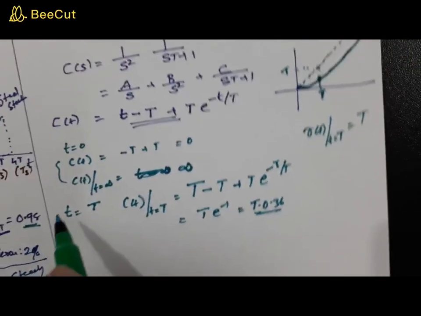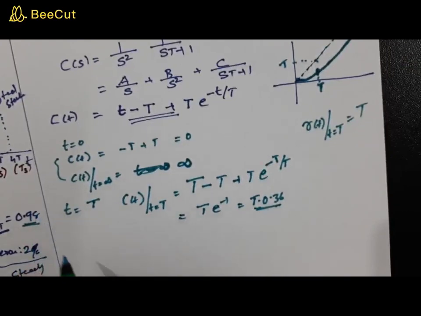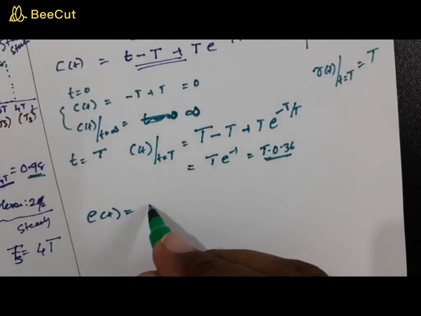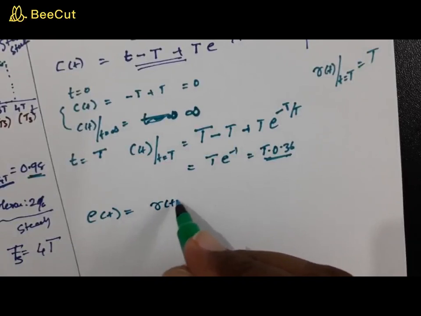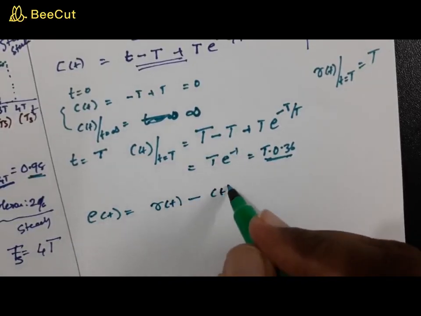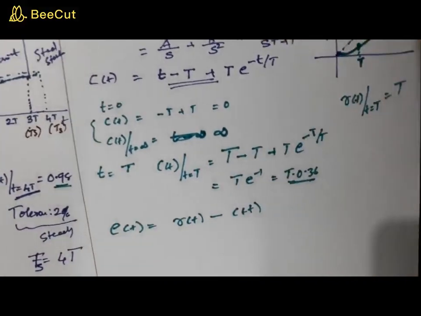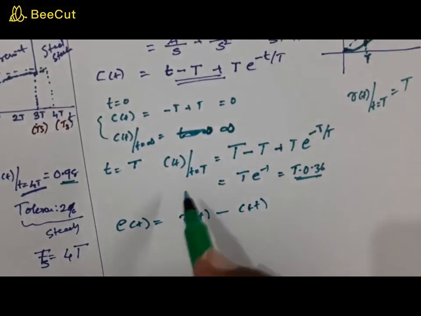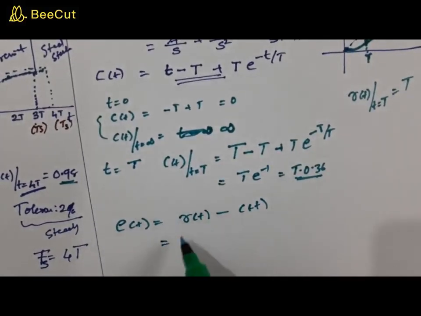Now, from this, we are going to find out the steady state error. Now, we have found out e of t to be what? e of t is nothing but r of t minus c of t, that is the input minus the output. So that's what you get from this block diagram, right? So from the block diagram, the error signal is r of t minus c of t.